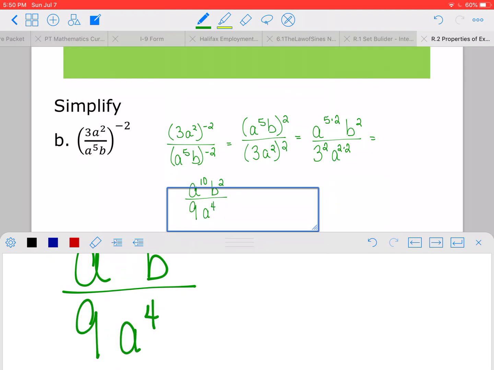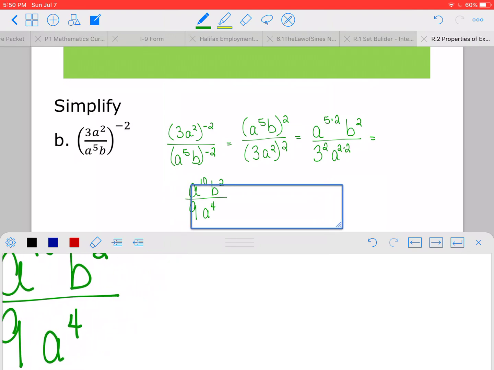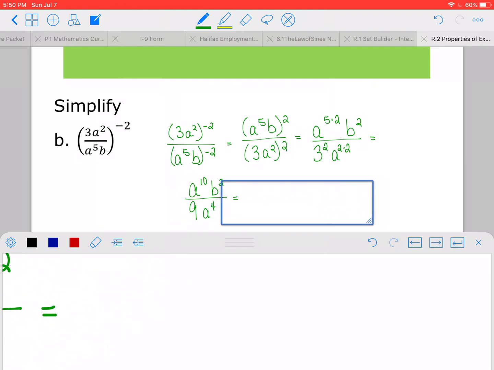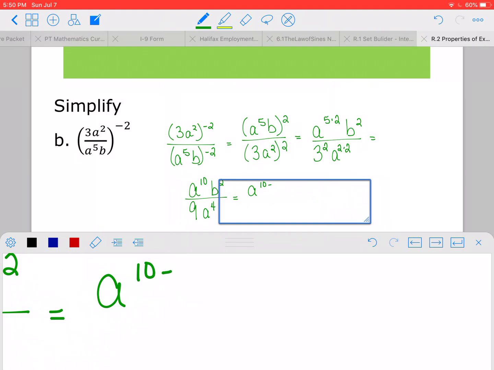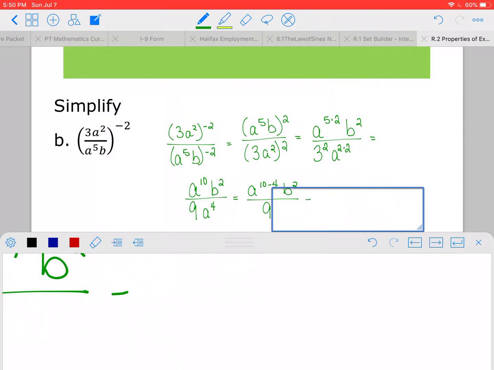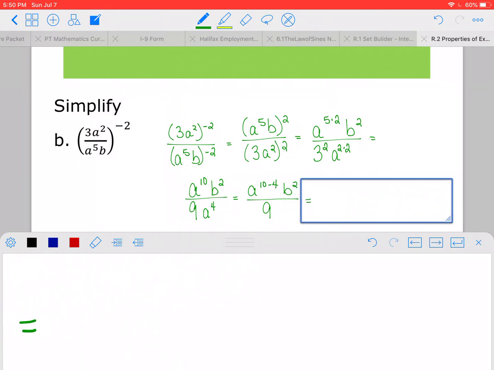Well, we're not quite done, because you notice we have a's on the top and the bottom. So we've got a to the 10 minus 4, b squared on the top, and we've taken care of that a on the bottom, so just 9 down there. 10 minus 4 is 6, so we've got a to the 6th, b squared, over 9.